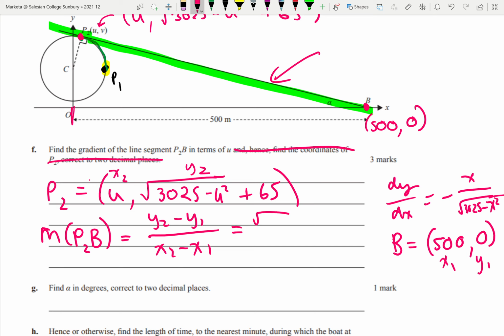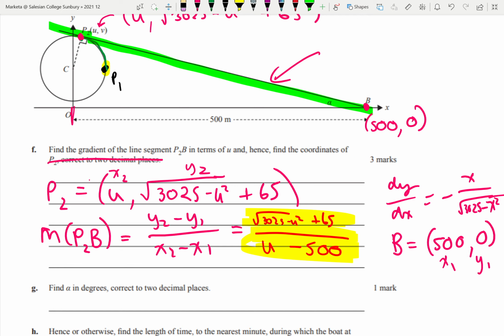So root 3025 minus u squared plus 65 minus 0, so I won't write the minus 0 in, over x2 minus x1, so that's u minus 500. All right, so this is a gradient equation here. So we have, find the gradient of the line segment P2B in terms of u. That's the gradient of the line segment. So we've used y2 minus y1.